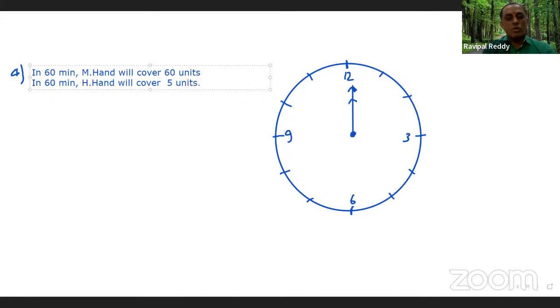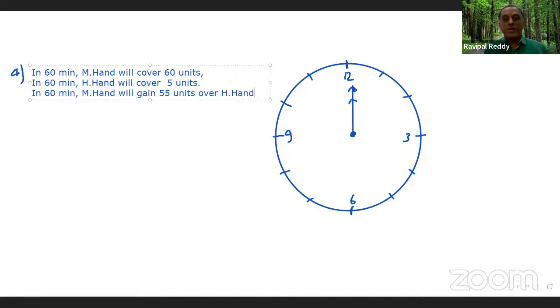So now, in 60 minutes, the minutes hand covered 60 units and the hours hand covered 5 units. Therefore, in 60 minutes, the minutes hand will gain 55 units over the hours hand. Is it right or wrong?